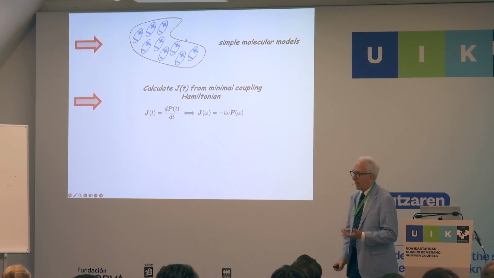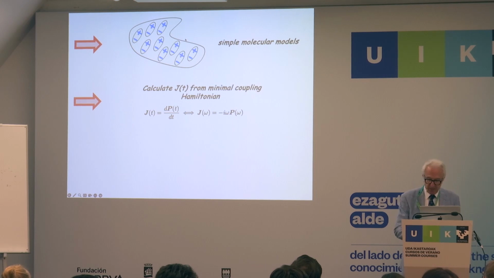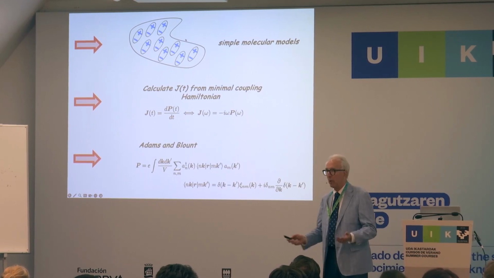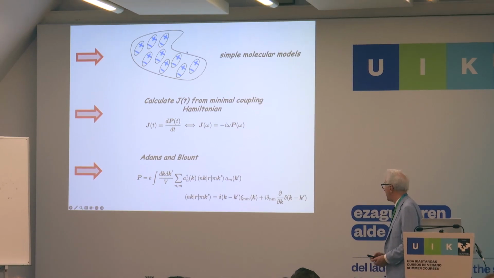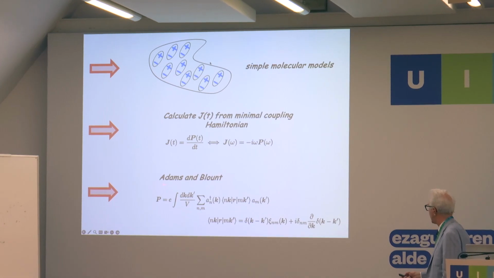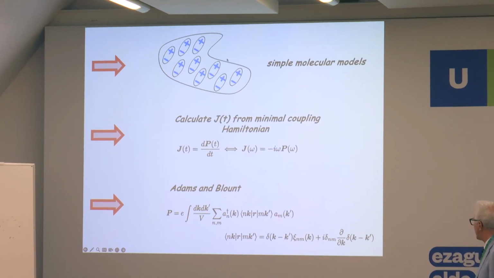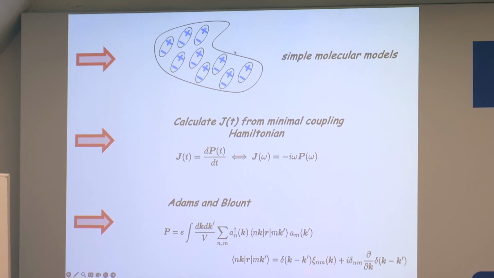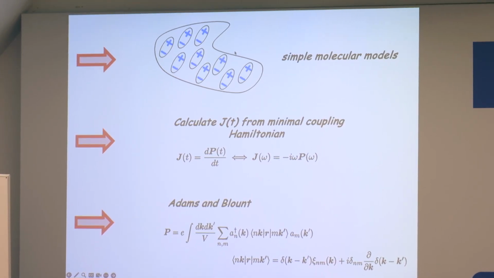And there's another strategy that goes back to Adams and Blount that's been talked about earlier in the summer school here, where you use an expression for the polarization in terms of these complicated things, right? These are the non-abelian Berry connections and so on.